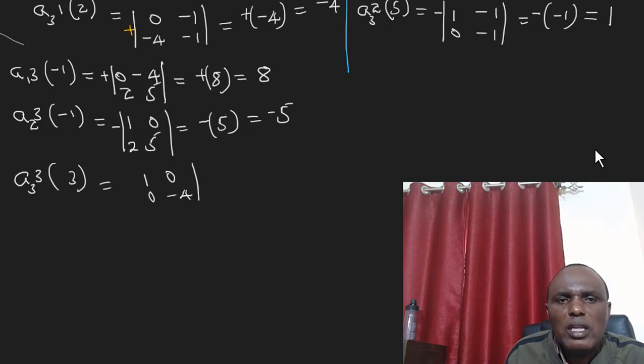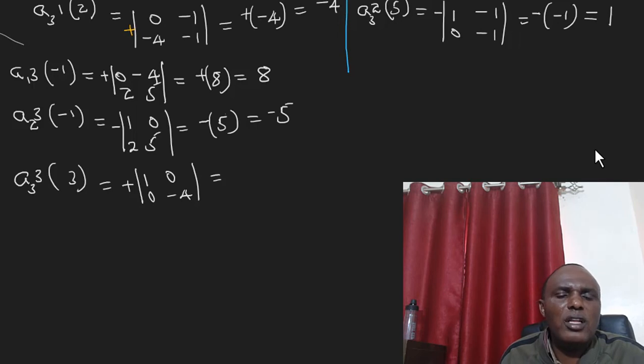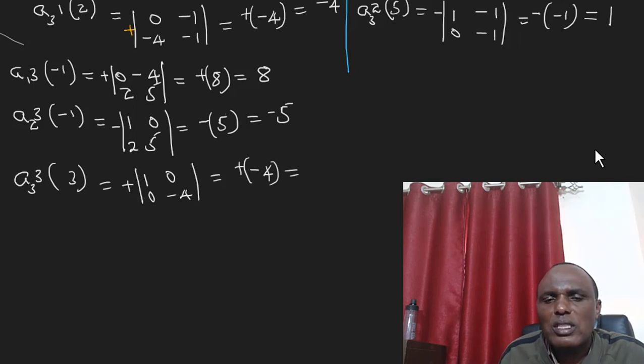We get the determinant here, and we place a positive sign to make it a cofactor. The determinant is negative 4, because it is 1 times negative 4. You place a positive there, and the final result is negative 4. So those are the cofactors of all those elements.